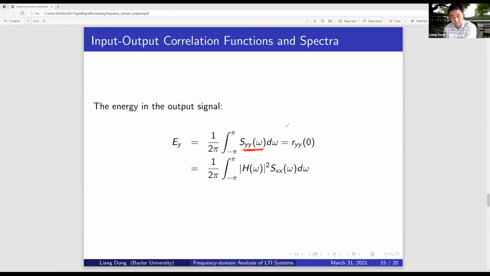So if this output signal is periodic with 2 pi, which means the signal y[n] is discretized, then I have this periodicity in capital Y. Integrate over one period of 2 pi divided by 2 pi, and that's my energy in the output signal.